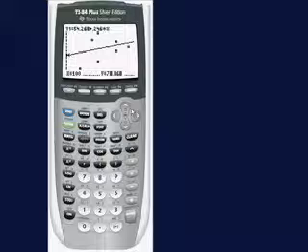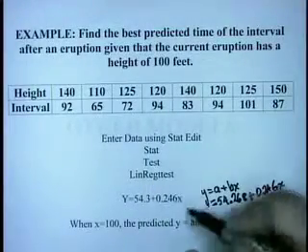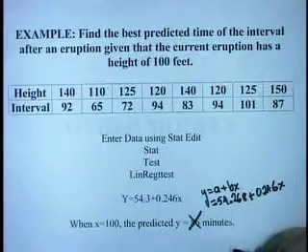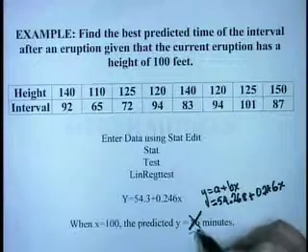And when I go back to my data, it looks like I got this one wrong. It's probably was not 100 but 110 or so. So I will just change that. My calculator tells me that it is 78.9, which is about 79 minutes.